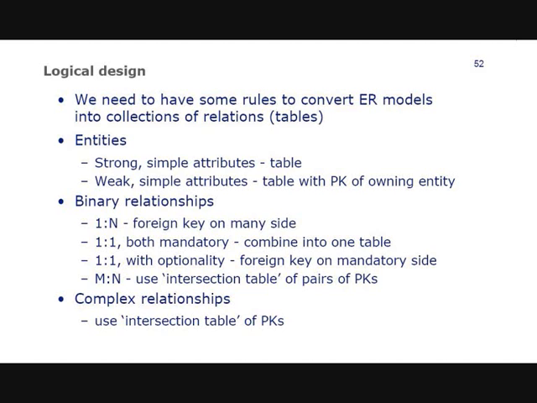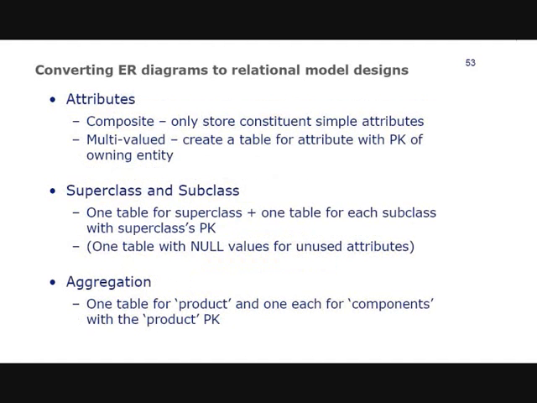If I have attributes, if they are composite, then I am going to break down and store the constituent values. So if I have address, I am going to store the different parts of the address instead of the composite attribute.